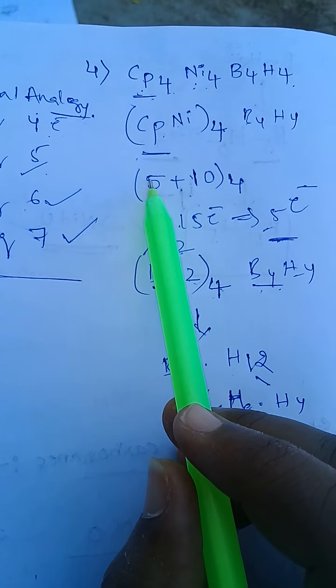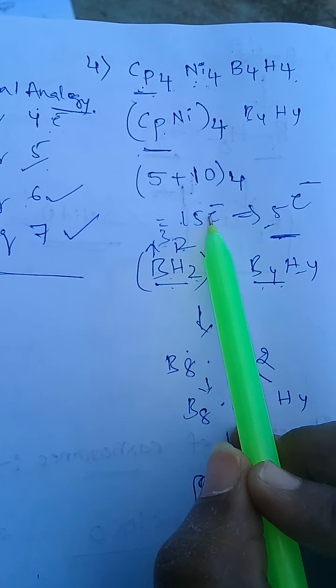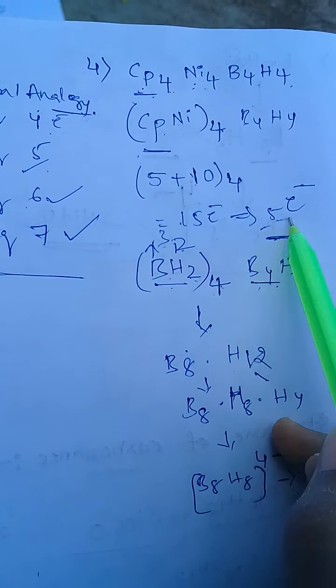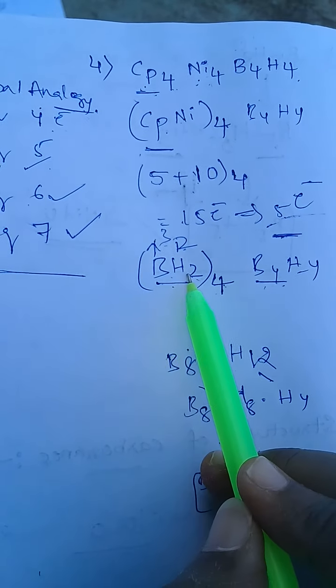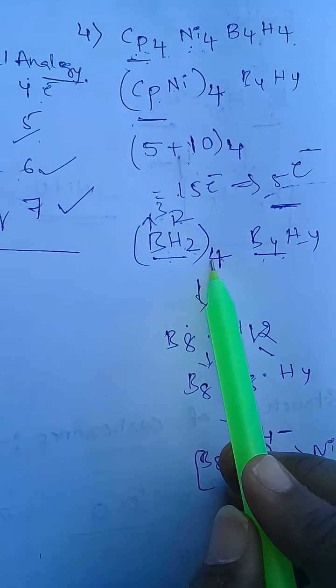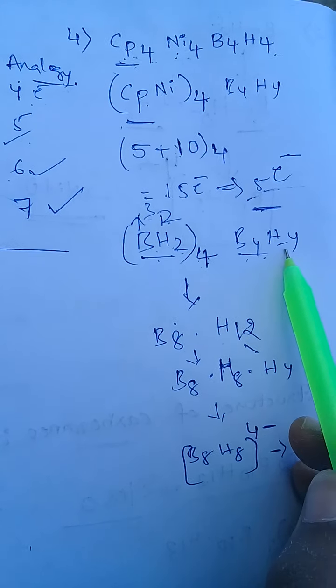Cyclopentadienyl donates 5 electrons and nickel valence electrons 10, total 15 electrons. 15 electrons equal 5, and 5 electrons means BH2. Here both cyclopentadienyl and nickel are present 4 times, so BH2 taken 4 times, B4H4.